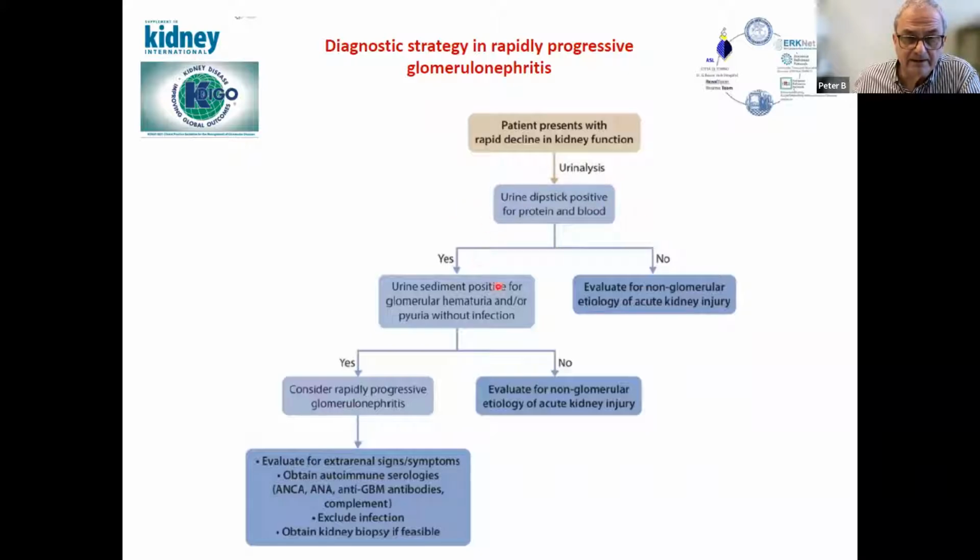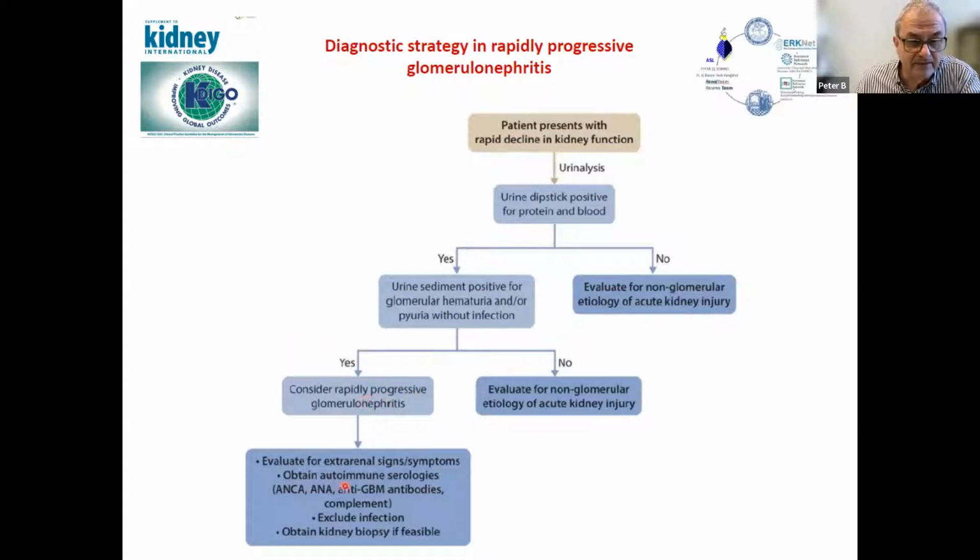You can look at the sediment. It is not very specific, but you also have hematuria and some leukocytes or neutrophils in the sediment also. And then with this rapid decline and urinary findings, you consider a rapidly progressive glomerulonephritis.